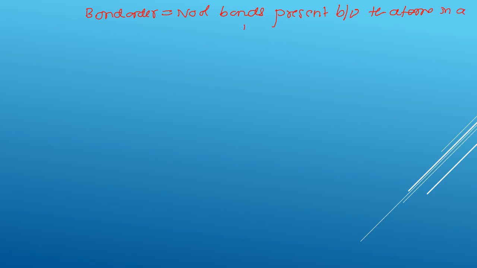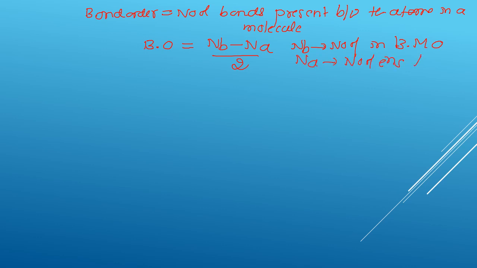So using the molecular orbital theory, we can calculate the bond order by using the formula (Nb minus Na) divided by 2, where Nb is the number of electrons in bonding molecular orbitals and Na is the number of electrons in anti-bonding molecular orbitals. This is the bond order.